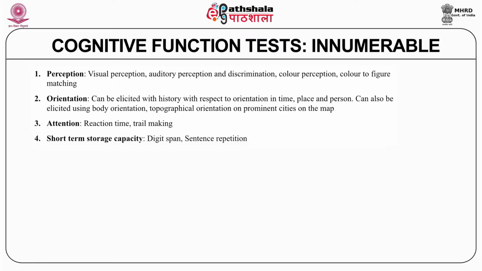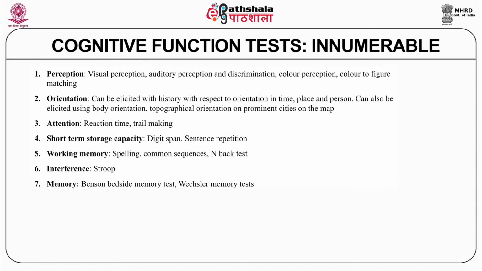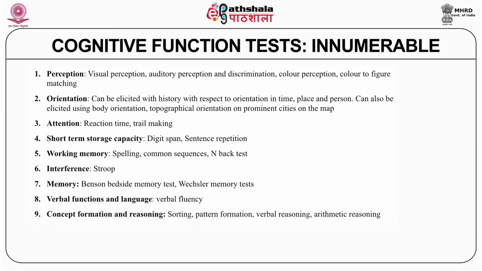The short-term storage capacity can be assessed through digit span, sentence repetition. Working memory can be assessed by giving a spelling or common sequences or N-back test. Interference can be assessed using Stroop. Memory can be assessed using Benson bedside memory test, Wechsler memory test, and verbal functions and language can be assessed via verbal fluency, concept formation and reasoning.